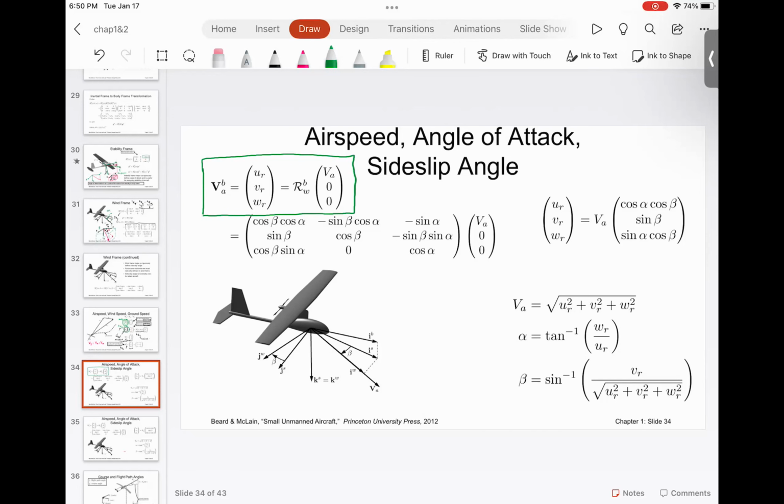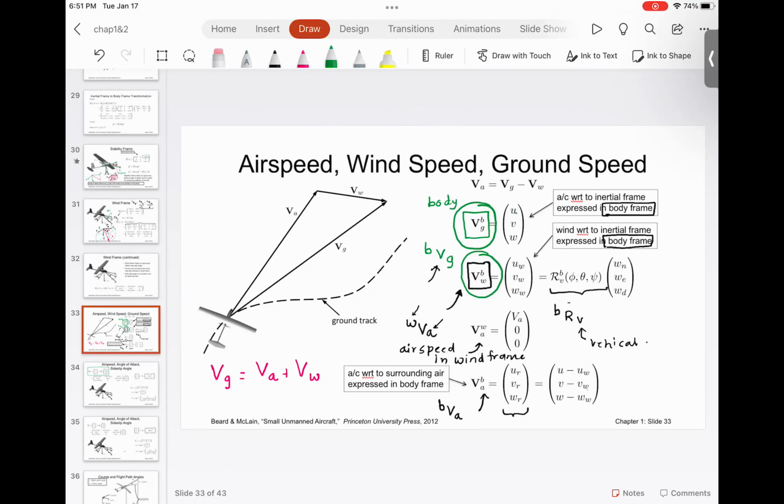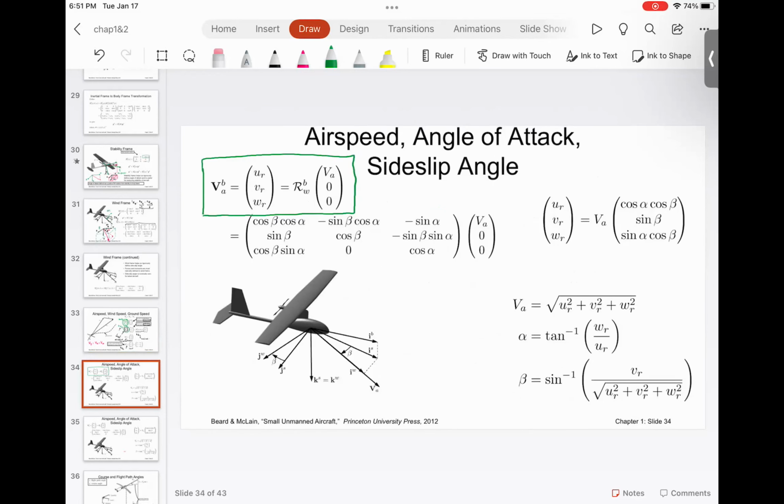What that means is, again, I need to clarify this. UR, VR, and WR is the aircraft velocity with respect to the surrounding air expressed in the body frame. That is nothing but the airspeed.